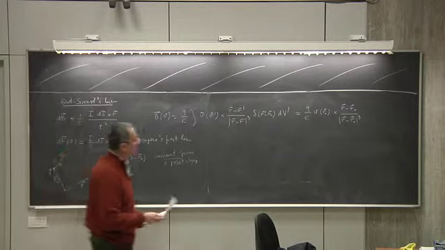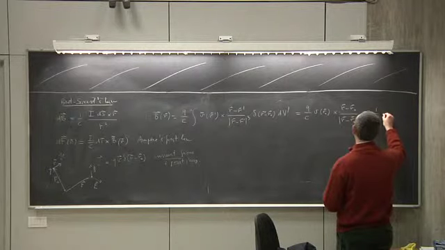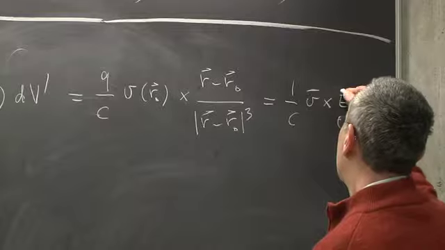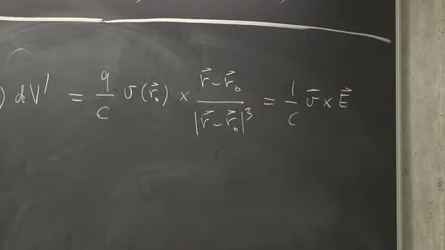So actually, I can write this as 1 over C, V cross E, where E is just the electric field generated by the charge. Actually, this is the first instance of this. You see, you have a nice relation between B and E for this moving charge.